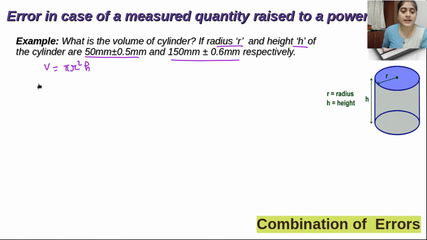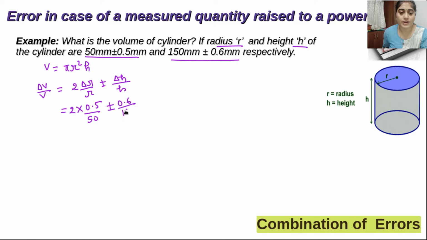So what will be the delta V by V? Simply 2 times delta R by R plus minus delta H by H. So we are multiplying by the power, and here we simply add the relative errors. So what will this be? 2 times delta R, which is 0.5 mm, 0.5 divided by 50, and plus minus 0.6 divided by 150.